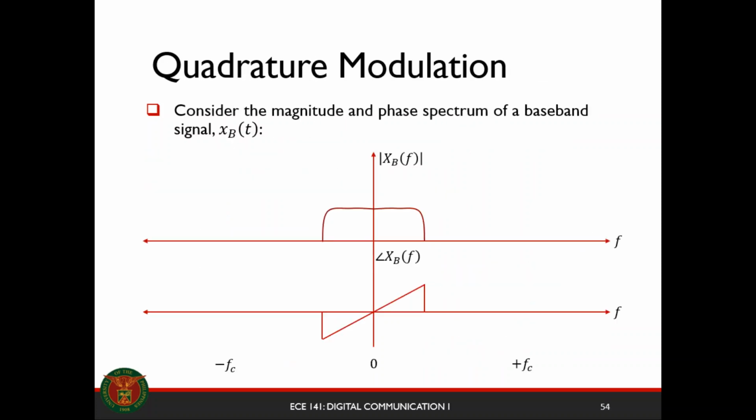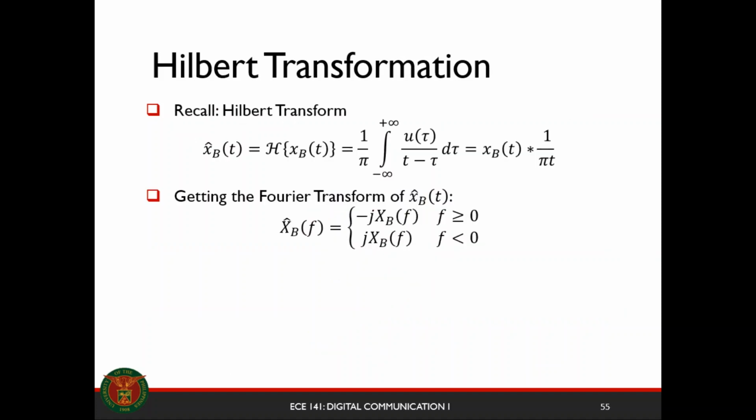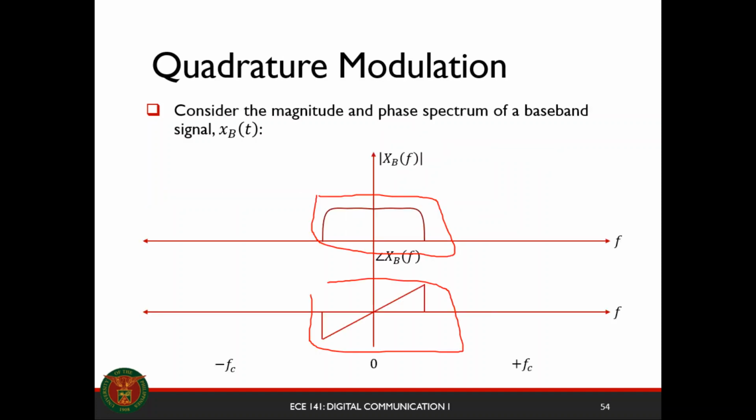So how does the quadrature modulation work? Consider first a signal that is baseband. It has this magnitude spectrum and this phase spectrum. And then we use what we call the Hilbert transform to get a quadrature version of this baseband spectrum.